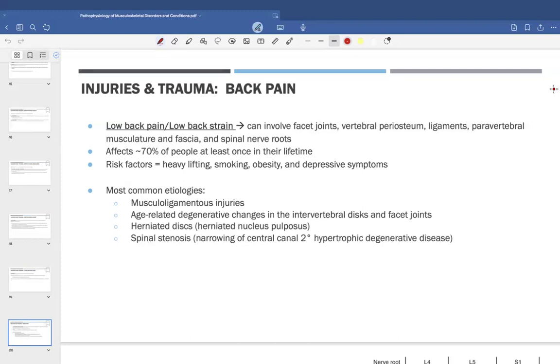When you have back injuries, you have to think about all the different structures in the back. You have the facet joints, the vertebral periosteum, the ligaments, all kinds of paravertebral muscles, fascia that's attaching it, and spinal nerve roots. There's a lot going on back there.